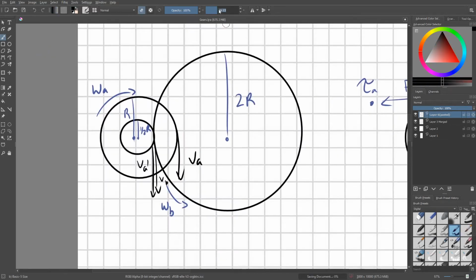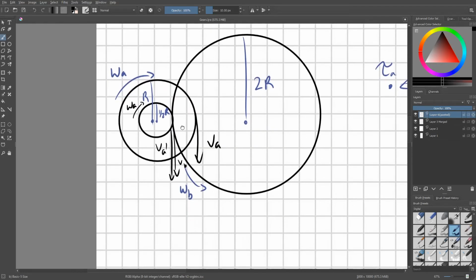So now let's go ahead and look at a system with compound gears, right? A compound gear is basically just a gear stacked on top of another gear on the same pivot. So this little gear that's stacked on top of gear A is going to have an angular speed omega A, right?